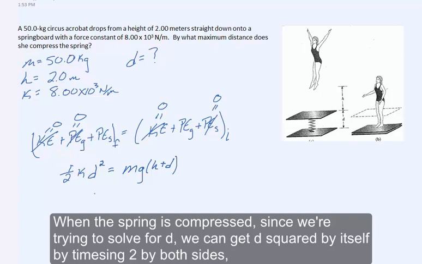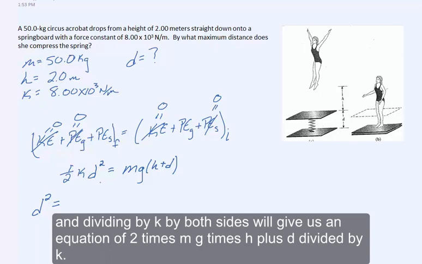Since we're trying to solve for d, we can get d squared by itself by multiplying by 2 on both sides and dividing by k on both sides, which will give us an equation of 2 times mg times h plus d, divided by k.